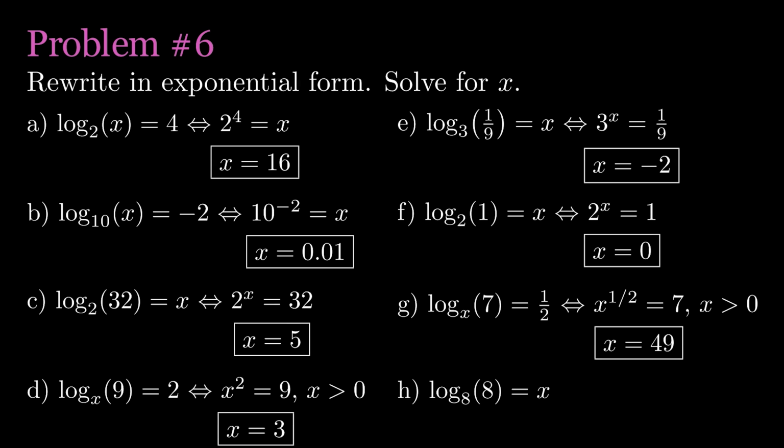So we get the exponential form to be 8 to the power of x equals 8. So we're asking what exponent imposed on the base of 8 results in that 8. And obviously that exponent is 1, since anything raised to the power of 1 results in itself.